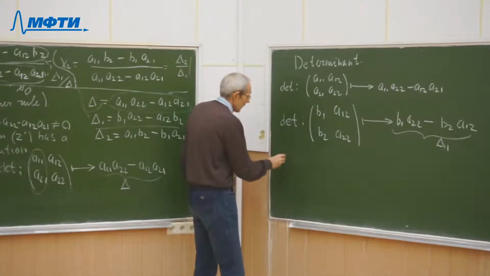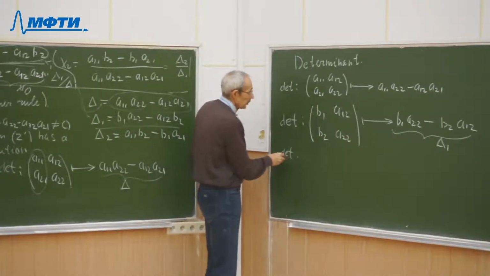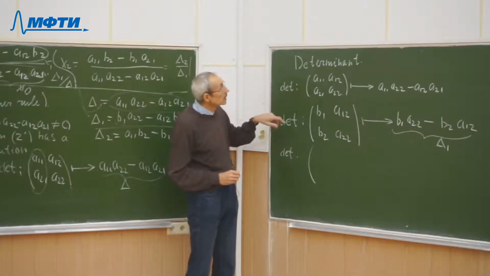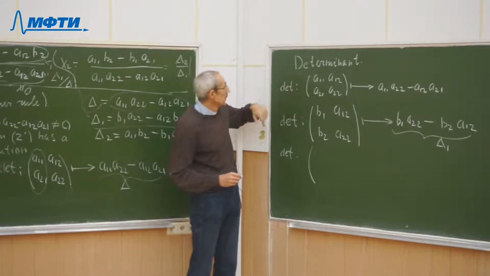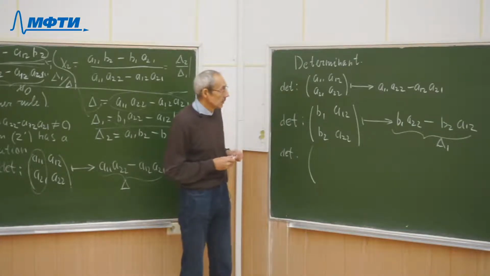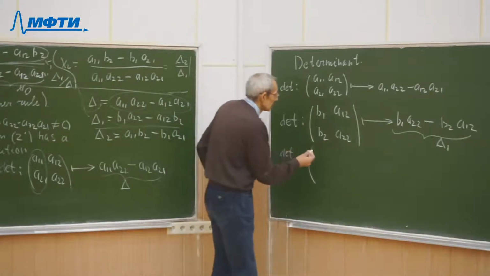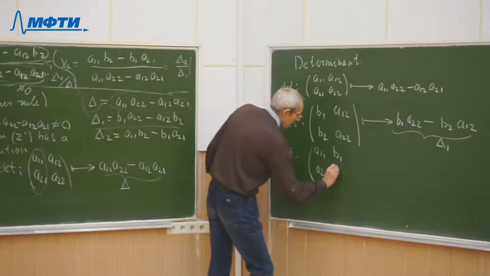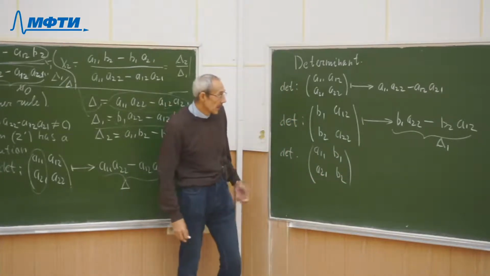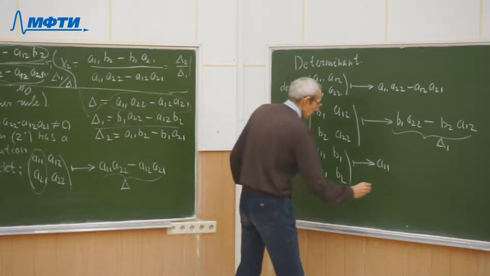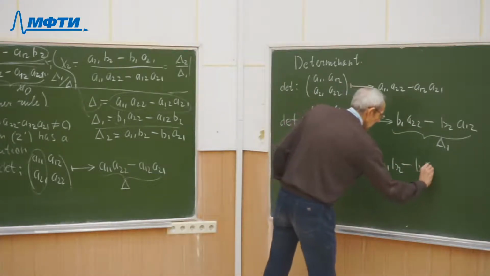And if we apply this operation to the matrix which is obtained from the matrix of coefficients of our system by changing the second column onto the column of free terms, after this change we obtain the following matrix, and our operation corresponds to this matrix the expression A11B2 minus B1A21.